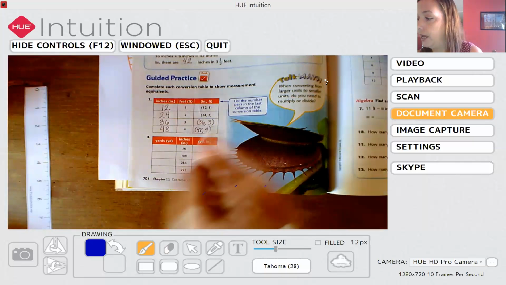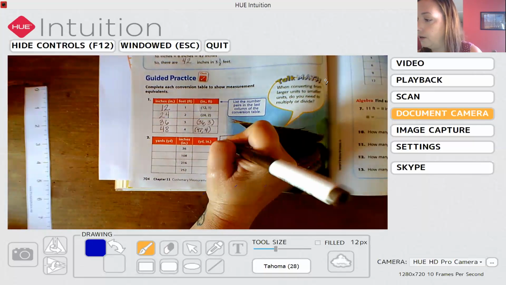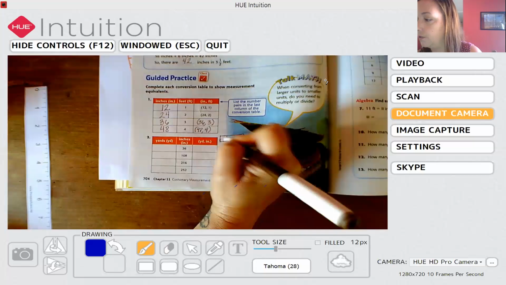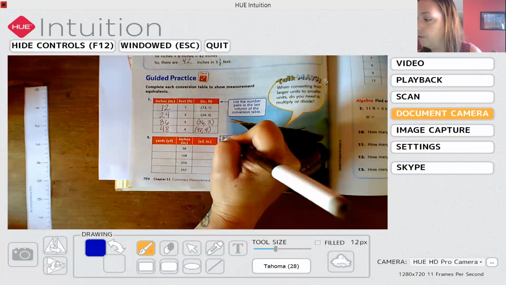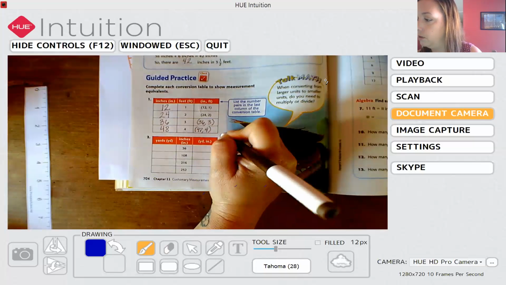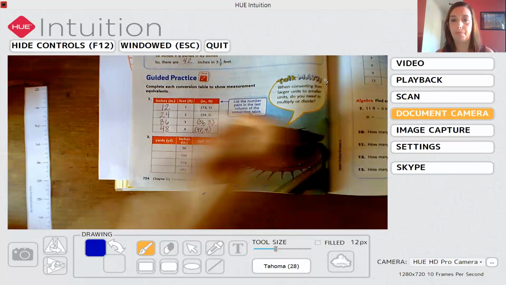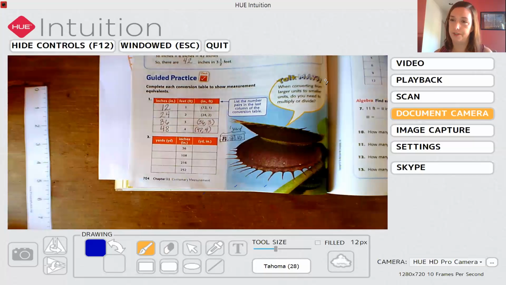So I'm going to put a yard. And in a yard, there are 3 feet, right? So this is 1 foot, 1 foot, and 1 foot to equal 1 yard, right? Okay, but this is inches.